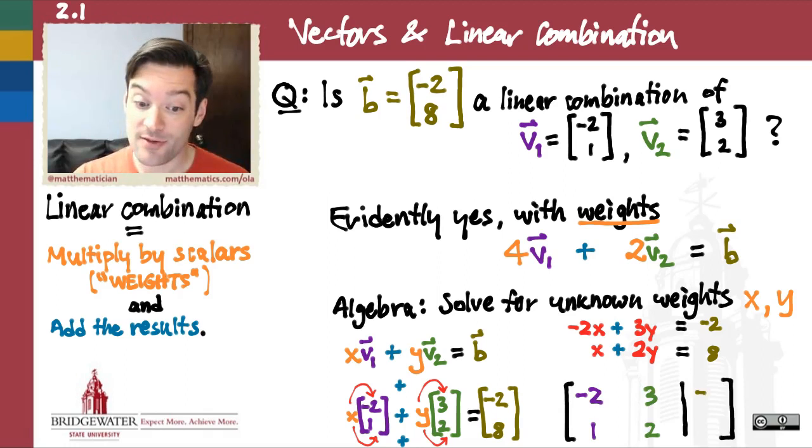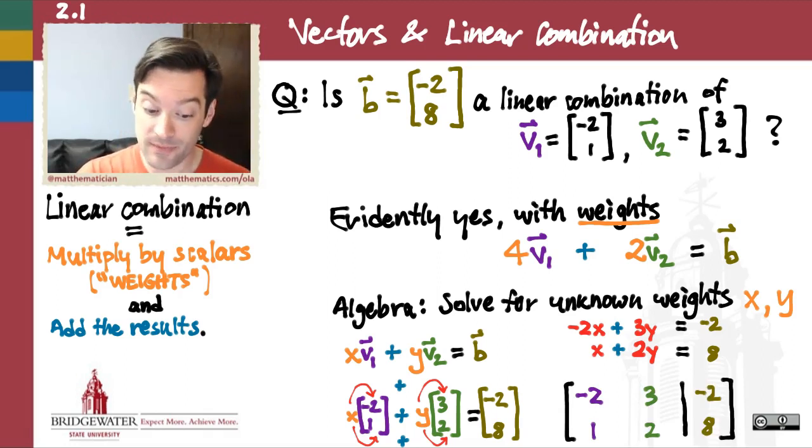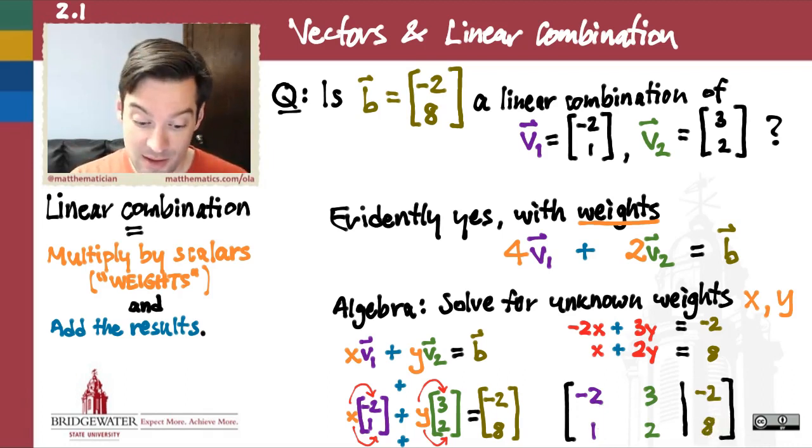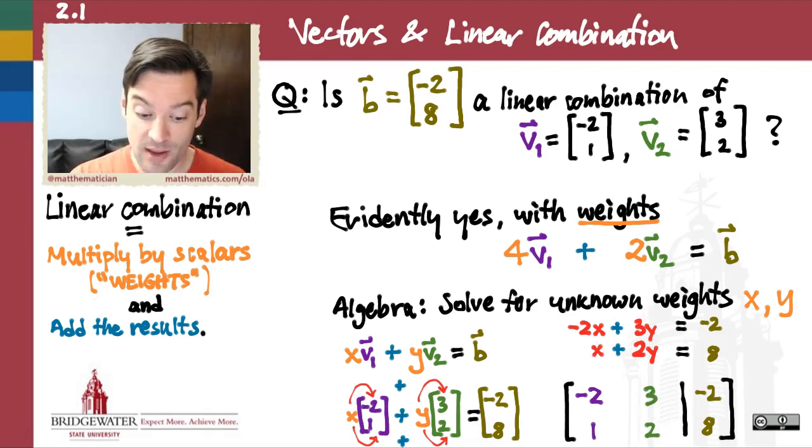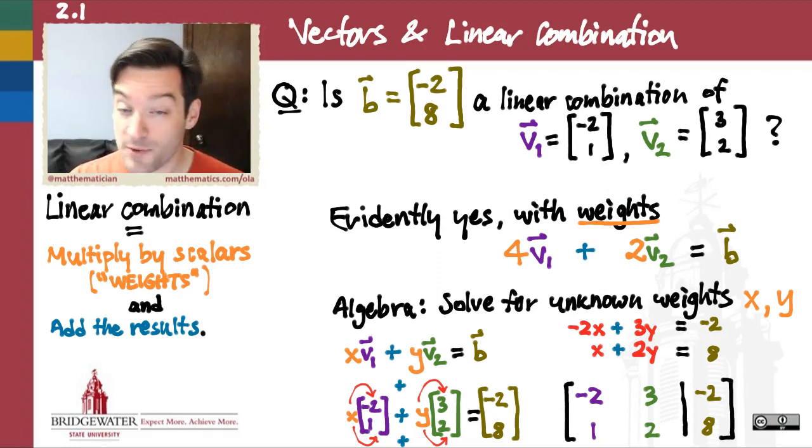And when we put that linear system into its augmented matrix form, a couple things should pop out at us. First of all, the right-hand side in my augmented matrix is exactly the vector b that I'm trying to reach in my linear combination. Meanwhile, the coefficient matrix on the left side of my augment bar has as its columns negative 2, 1 and 3, 2, the vectors v1 and v2.